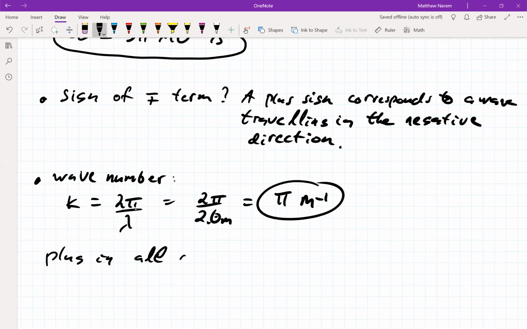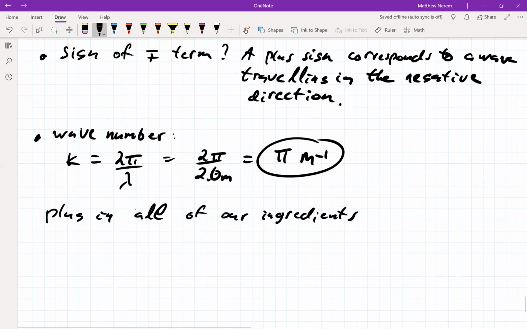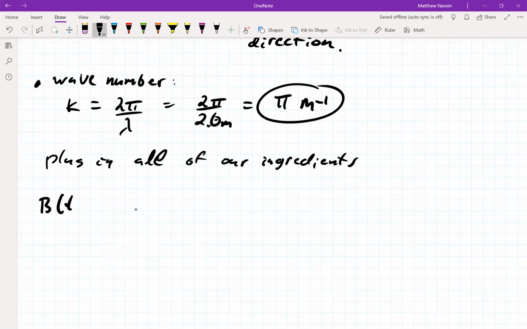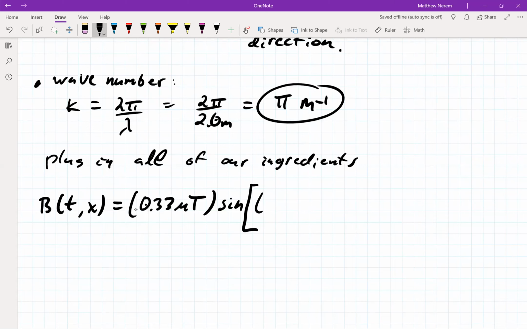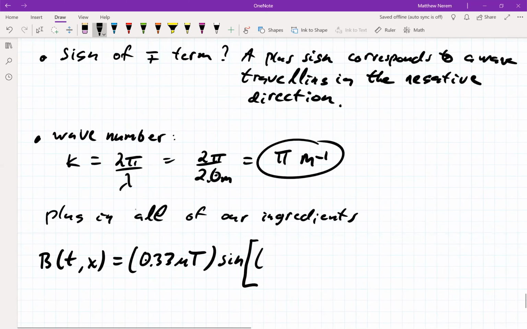Plug in all of our ingredients. Our magnetic field equation is going to be 0.33 microtesla sine of, how did I write the omega?